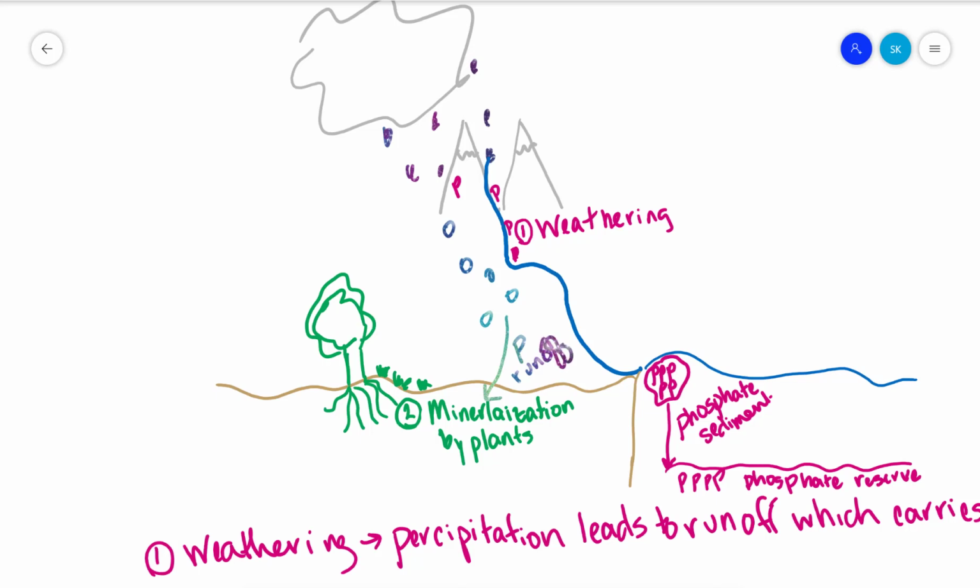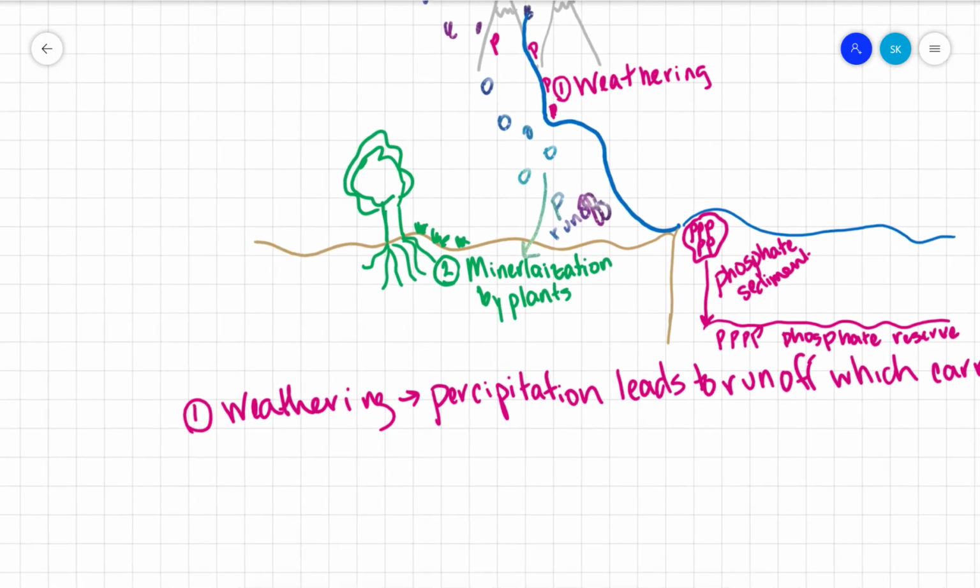Remember, rain creates runoff. Runoff goes into the ocean, right? Except for this time, we're talking about the phosphate being carried with the water. So the phosphate runoff gets into the soil. The plants then are going to take it and convert it into a form that animals can use. Okay? So that's what mineralization is.